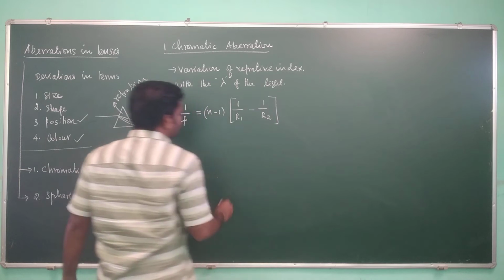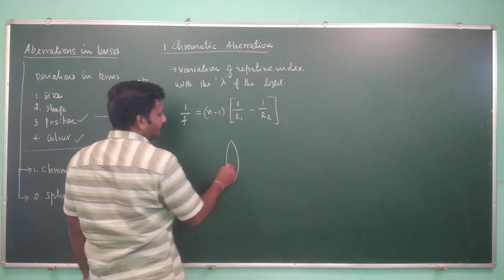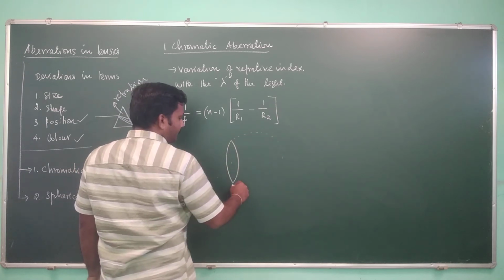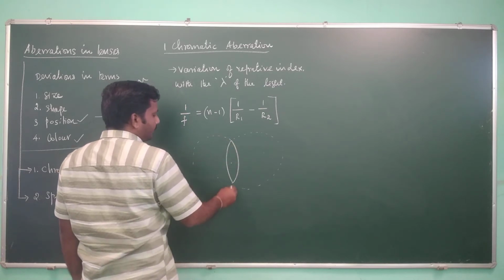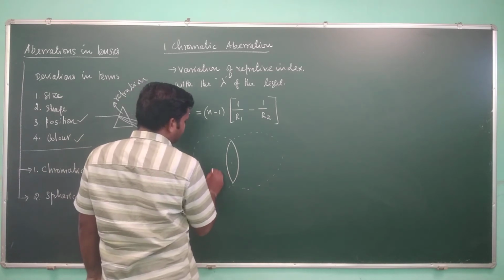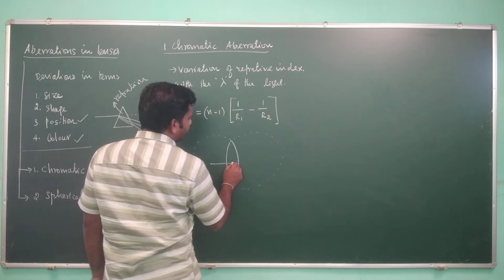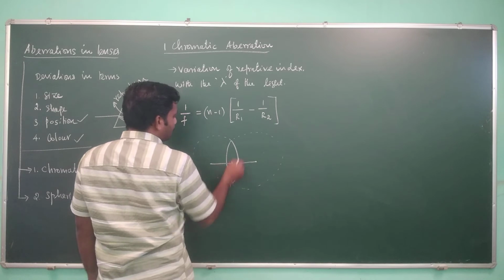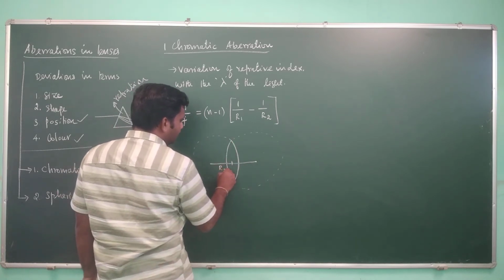How do we understand this? If there is a convex lens, this side you can extend, you will get a sphere. This side also you can extend a sphere. And you can write the radius of the sphere for the first surface and the radius of the sphere for the second surface.